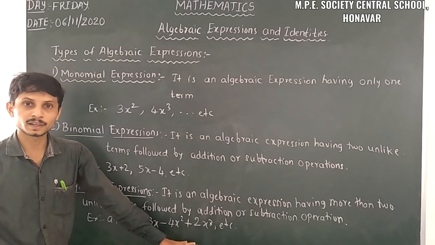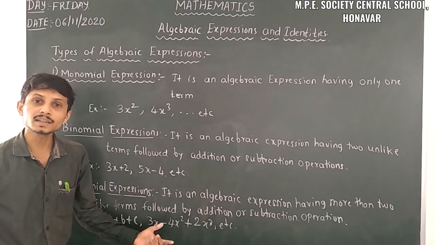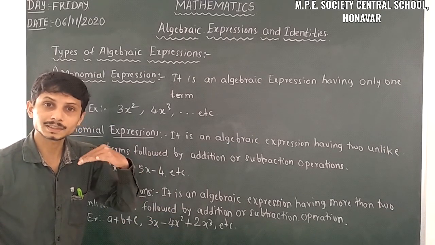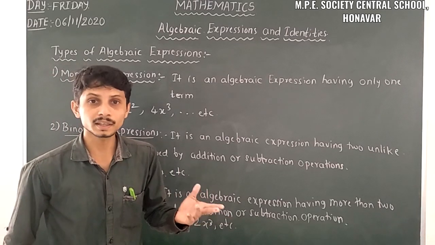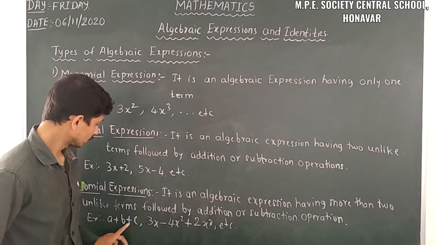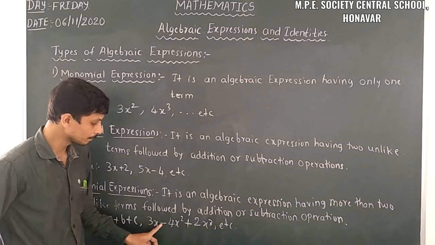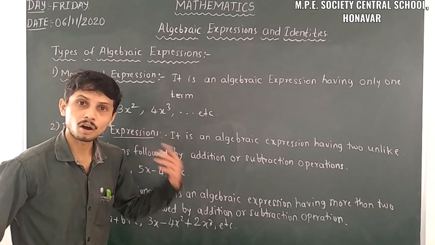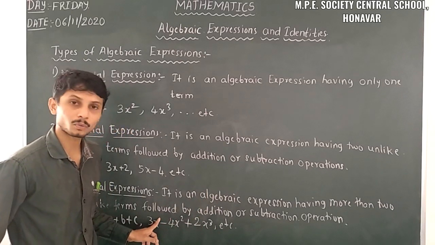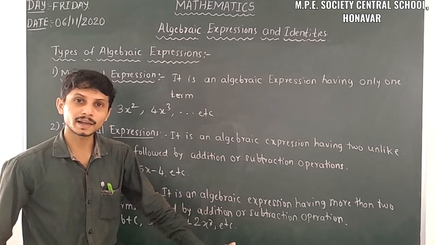And here we can't take negative exponents. The exponents part we are learning in the next chapter, but before that we have to know about this. Here it's a completely different part: a, b, c are different variables. Here x, x square and x cube are all different terms because of powers. Here it is power 1, here power 2, here power 3. So that's why they are completely unlike terms.